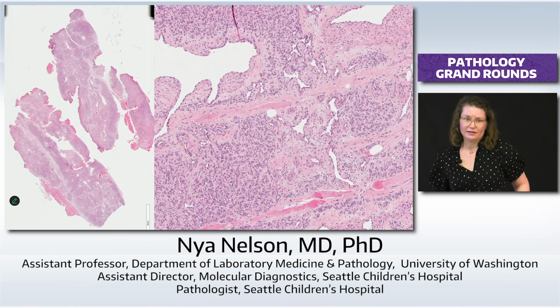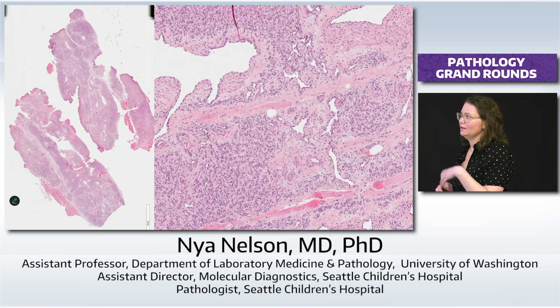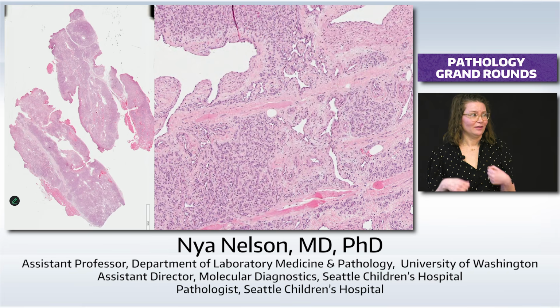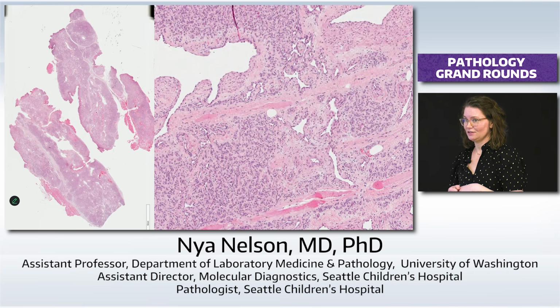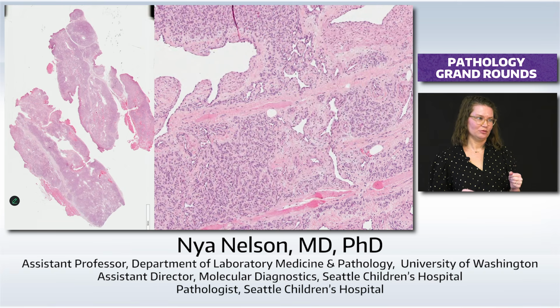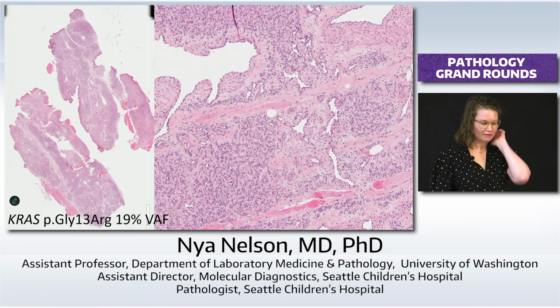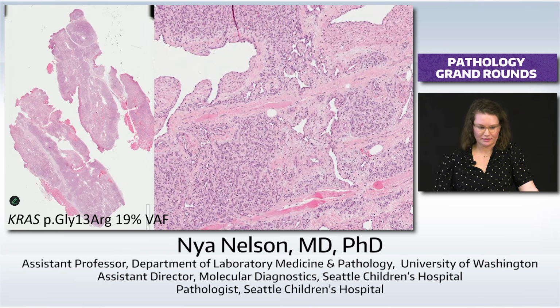If you were to look at these capillaries more closely, you would see that the lining endothelial cells are plump, but they don't actually have any atypia, and there aren't many mitoses within this lesion. These features are diagnostic of an entity called an intramuscular fast flow vascular anomaly. And this lesion, when we sequenced it, was found to have a KRAS codon 13 variant.